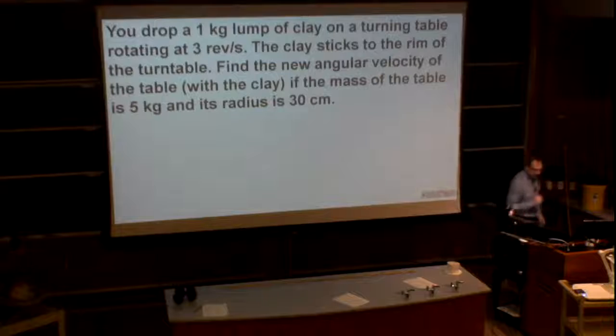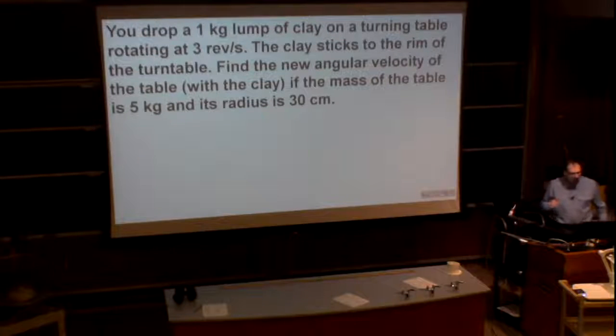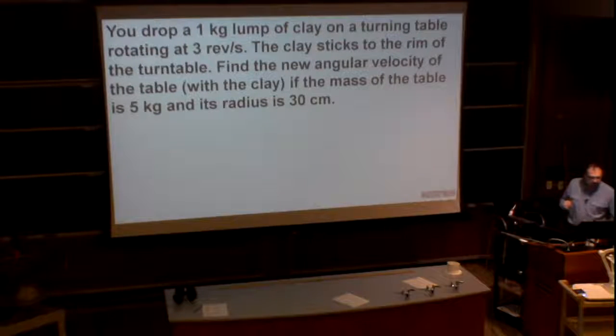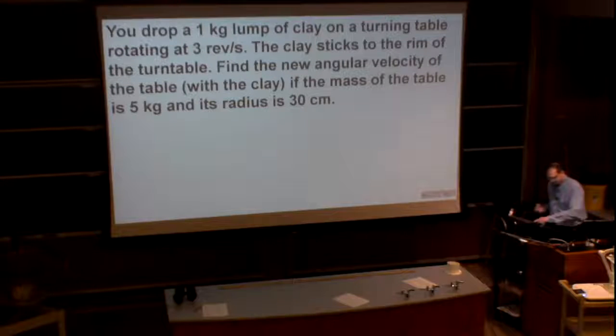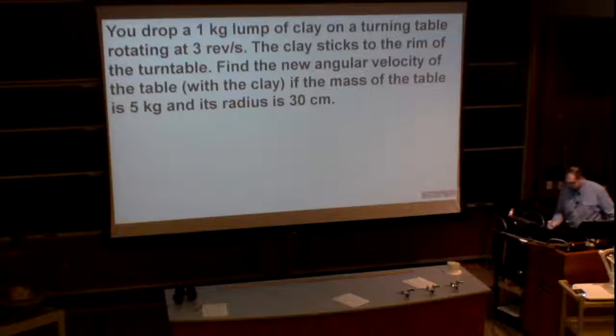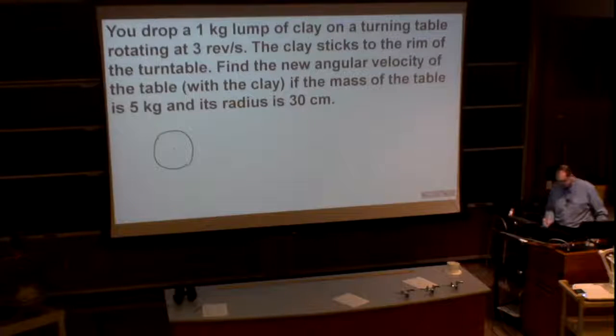And let's just solve a specific problem related to an object dropped on a spinning disk, right? So initially we have a disk which spins, I don't know, counterclockwise, it doesn't really matter.